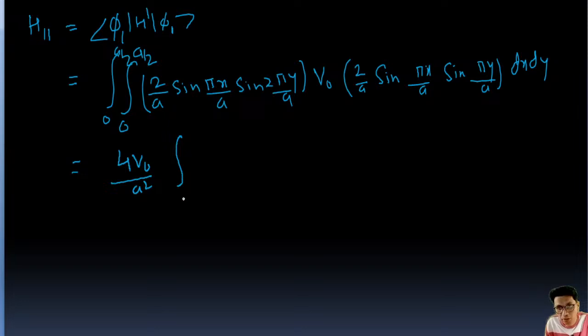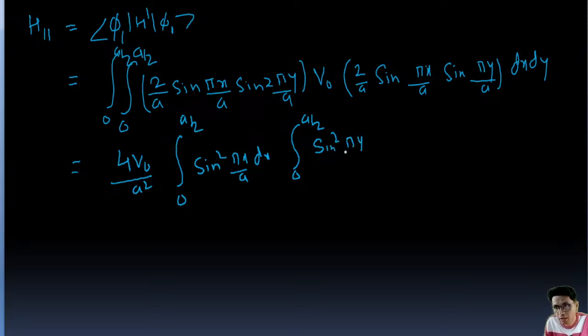So this is going to be integration 0 to a by 2 of sine square pi x upon a dx, into integration 0 to a by 2 of sine square pi y by a dy, okay.